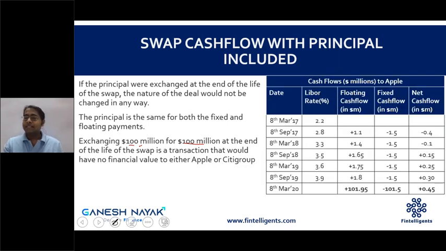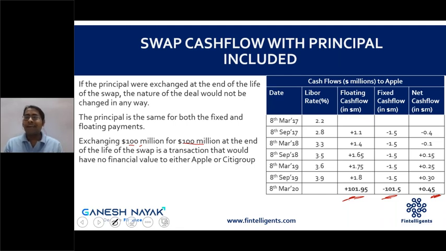You can see that at the end we have added $100 million to the entire table. But since Apple is making a $100 million payment and Citi is making the same amount, there is no impact of that $100 million on the entire swap transaction. You will find that the entire payment is only $0.45 million that Apple is going to receive from Citigroup. Okay, this is how the cash flow of a swap works.